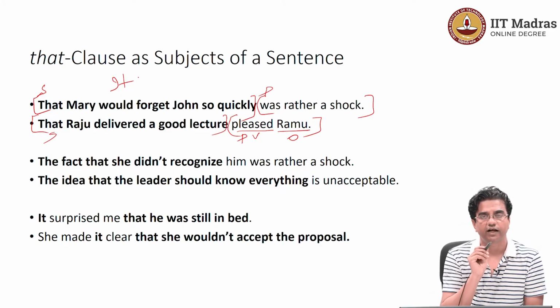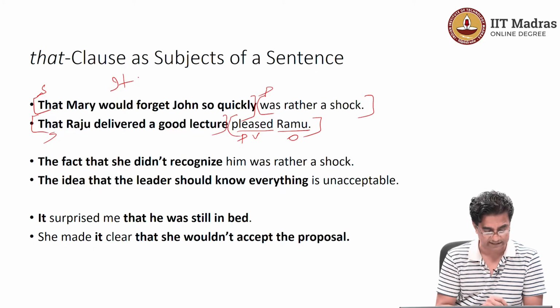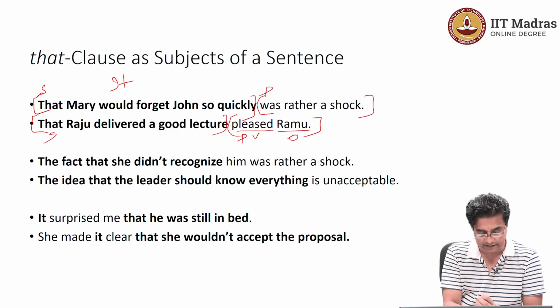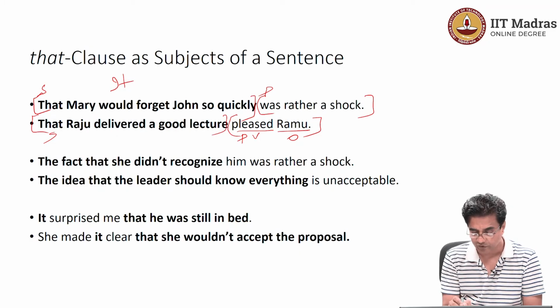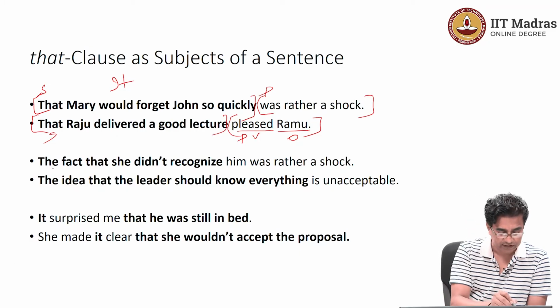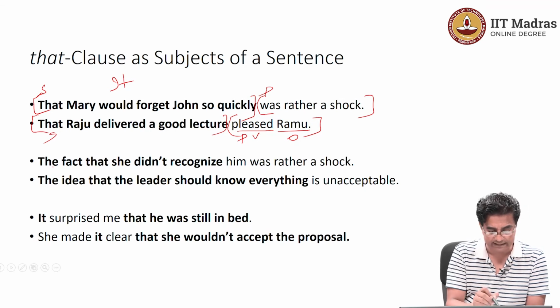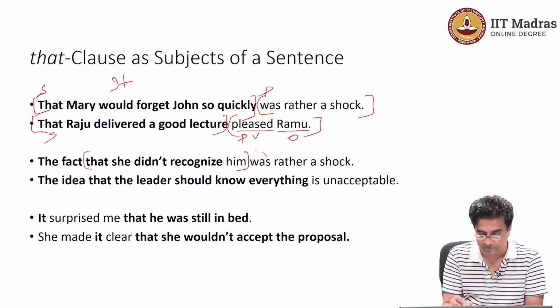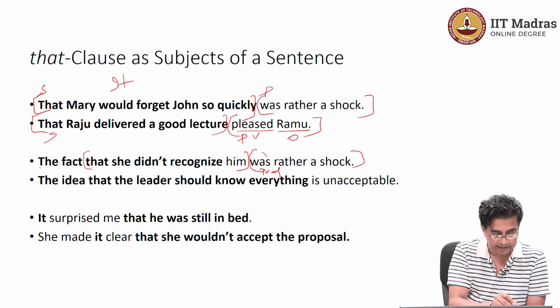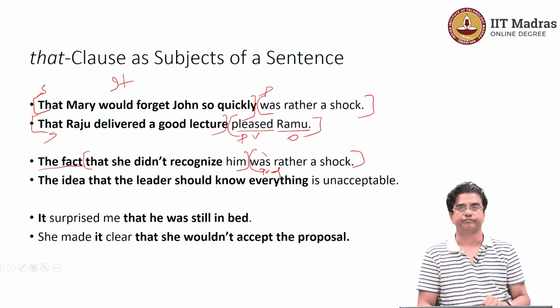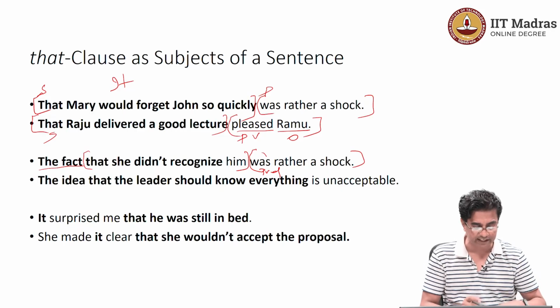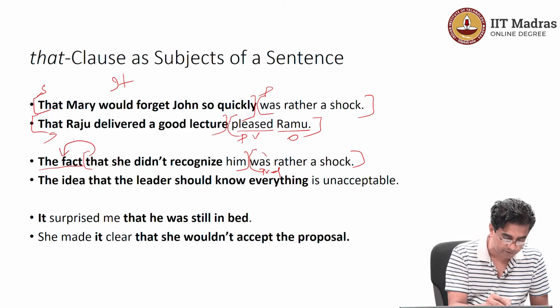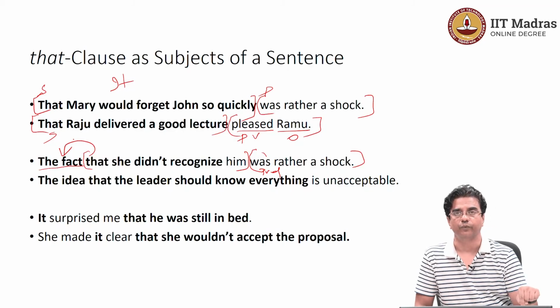Now, I want to show you what we do further with these things. The fact that she did not recognize him was rather a shock. Now, when you look at this sentence, this is the predicate, this is the subject, the fact, and that she did not recognize him is modifying this noun.